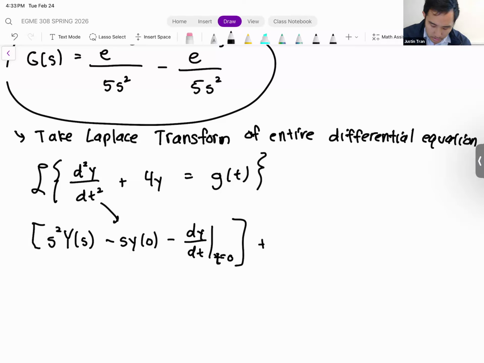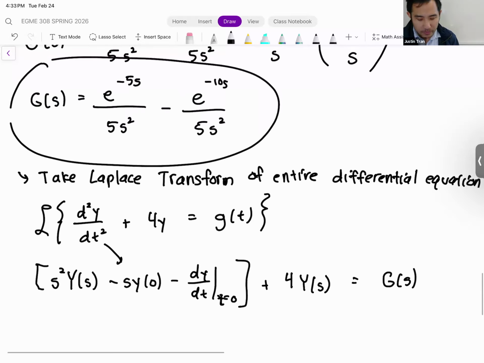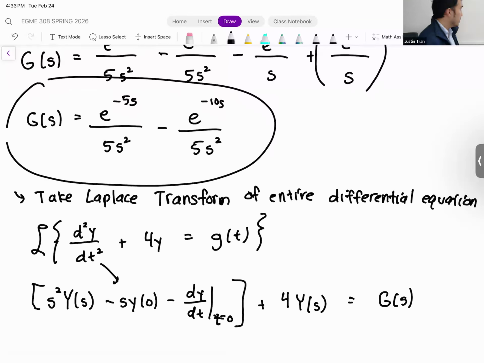Plus 4 times Y of s. There are no derivatives on the 4y term, so that just transforms to 4Y of s. And this is equal to the Laplace transform of our forcing function, which is big G of s, which we know because we just solved for it right there.